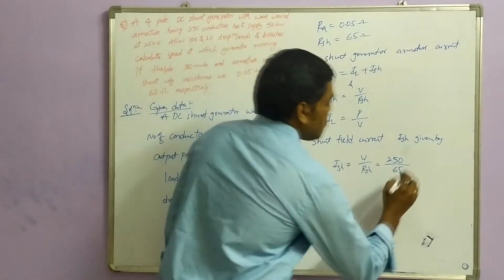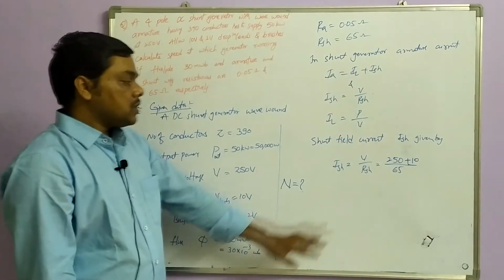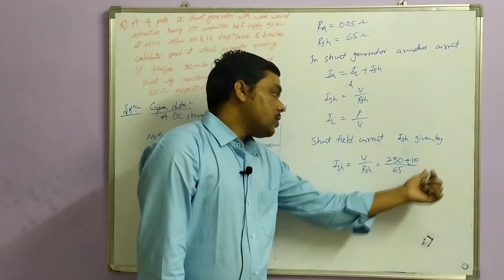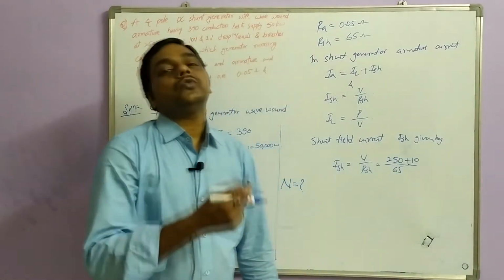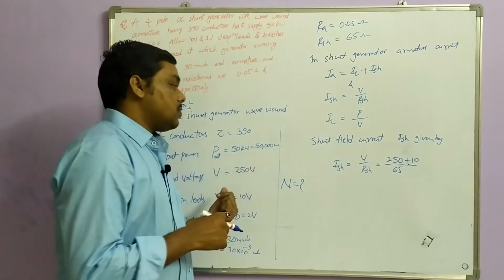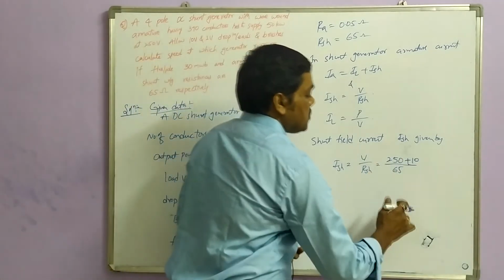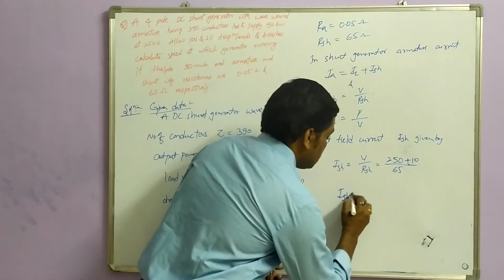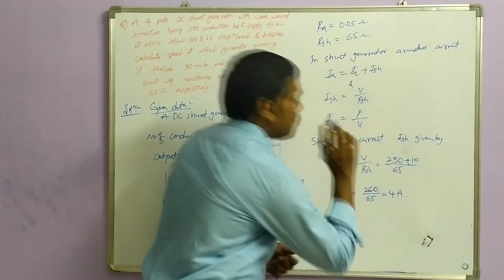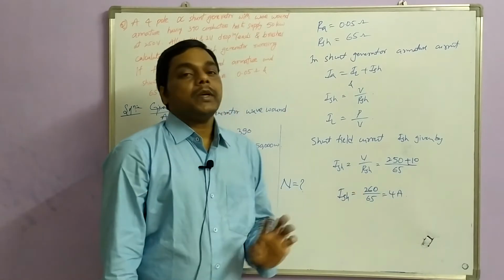So plus 10 volts I am going to add here. What is the reason? The actual formula is this, but I am going to add that 10 volts due to the leads connection of the field winding connection. So 250 plus 10 by 65, so ISH is equal to 260 by 65, which is 4 amperes. Now the shunt field current is 4 amperes.